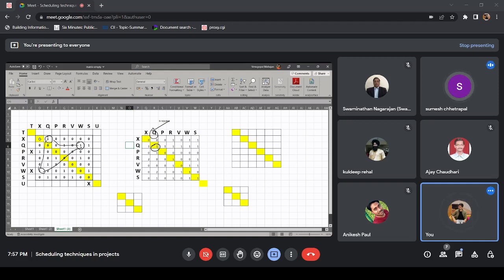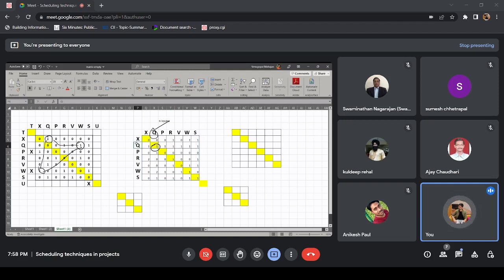So first, you make a binary matrix and you square it, getting n square. From the n square matrix, you determine that, okay, this activity Q, or we could have picked R, W, or S, just for this example, and it would have given you the same results. You can try it.